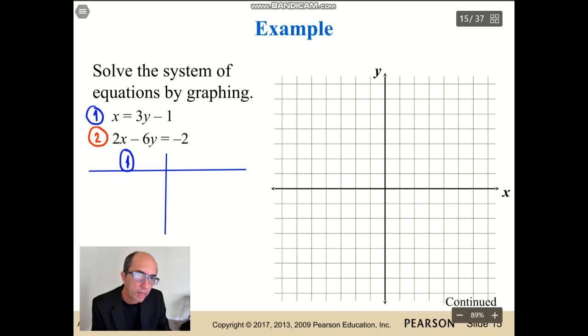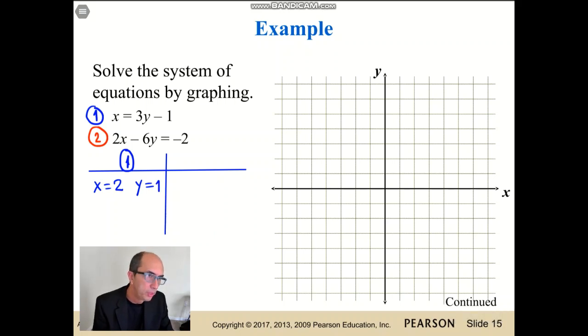We're gonna find values for x, and let's say x equals 2. Then y equals 1. And I will show here what I'm doing.